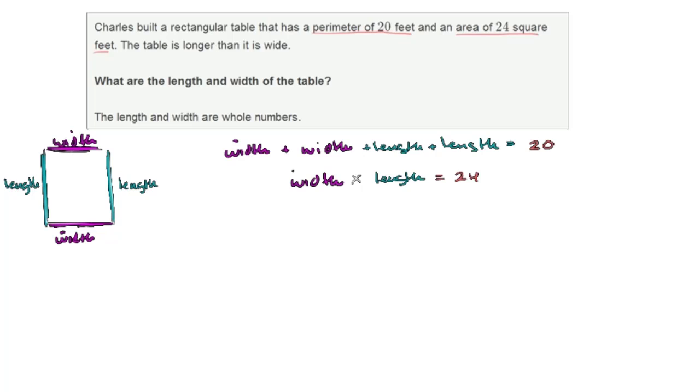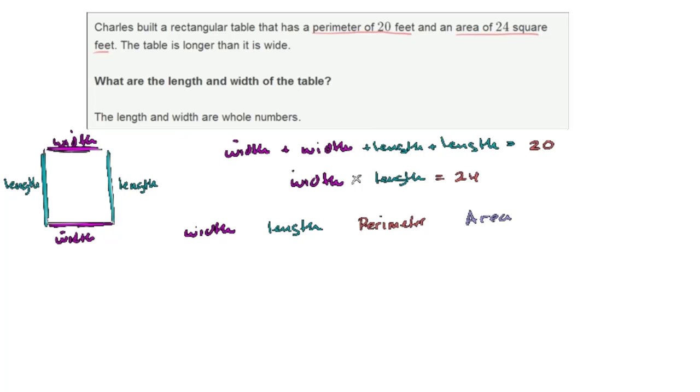So let's figure that out. Let me make 2 columns here. One column, I'm going to call width. Another column, I'm going to call length. And then I'm going to write down the perimeter, and then let's write out area.